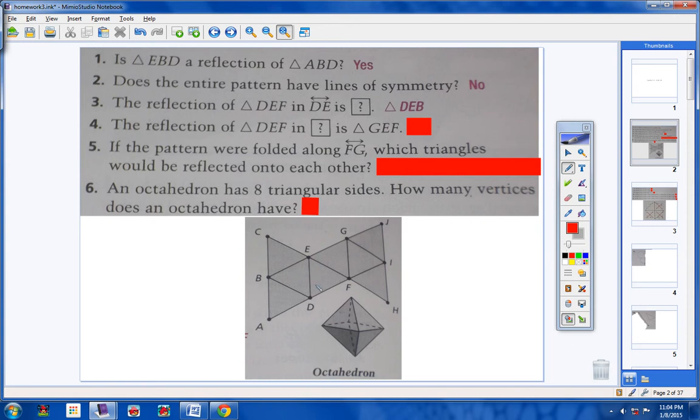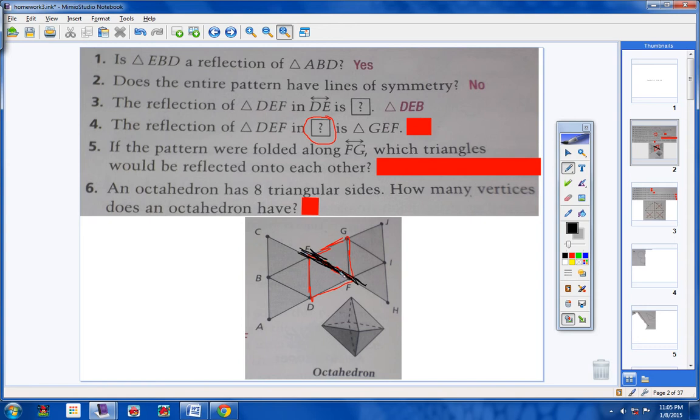The reflection of triangle DEF right here, and then we're looking for a line. DEF is reflected in what line to triangle GEF over here? Well, guys, the line is right here. Hopefully you can see this. If you were to fold this piece of paper right on this line, this triangle right here would fall right on top of this triangle right over here.